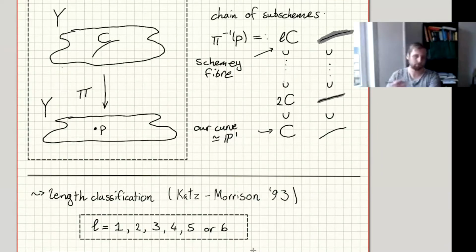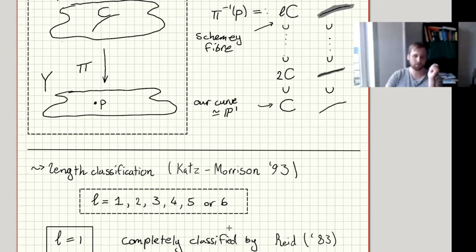And they're related to ADE singularities. And therefore we get a very nice finite classification. So the length is an integer between 1 and 6. If it's 1, you just have P1 as your fiber, and if it's 6, you have something very complicated and intricate. And there's a lot of stuff in between.